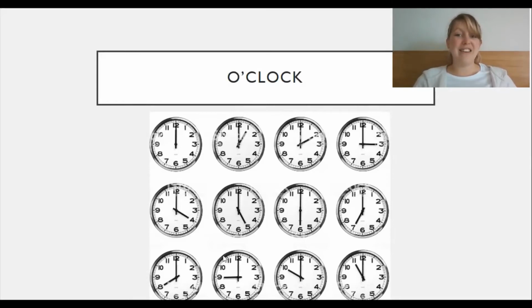That's right, 9 o'clock. 3, 2, 1. That's right, 3 o'clock. 3, 2, 1. That's right, 10 o'clock. 3, 2, 1. Yes, 2 o'clock. 3, 2, 1. Yes, it's 8 o'clock. Well done, that was really great work. So now you know how to tell the o'clock.